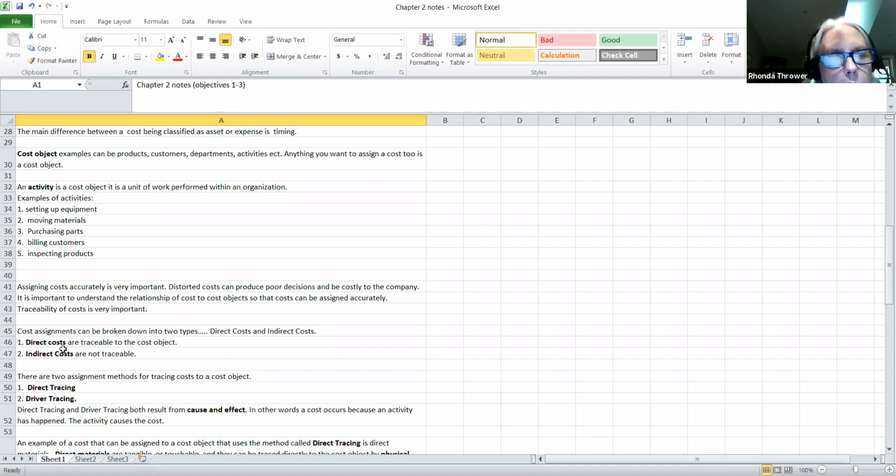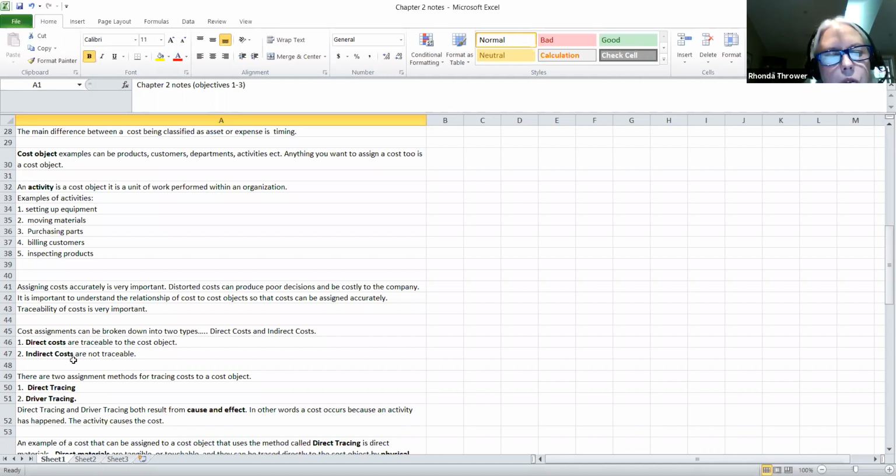And because it can be traced to the cost object, we're going to assign costs to our direct materials and our direct labor. Our direct costs are going to be traceable to the cost object, and we're going to assign costs to our products based on these direct costs.